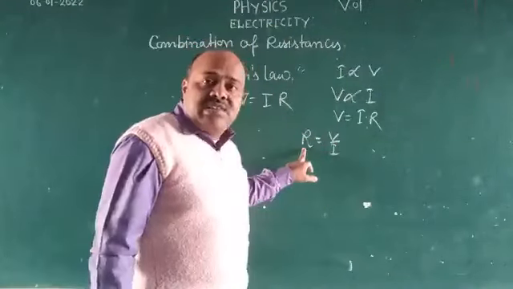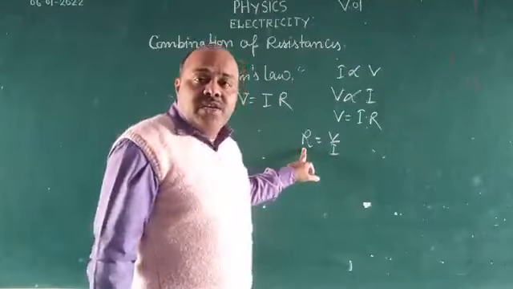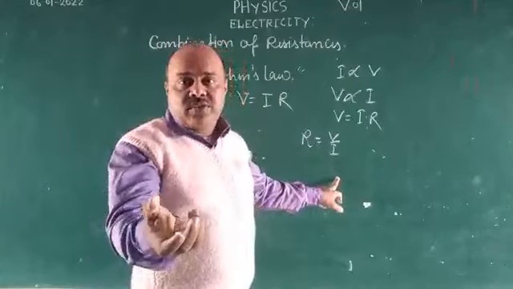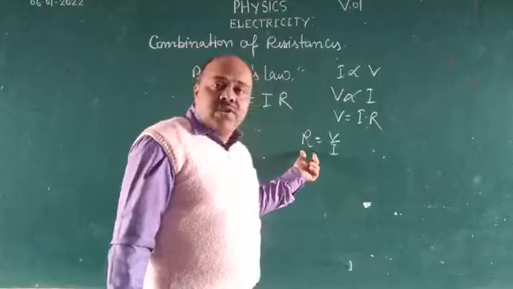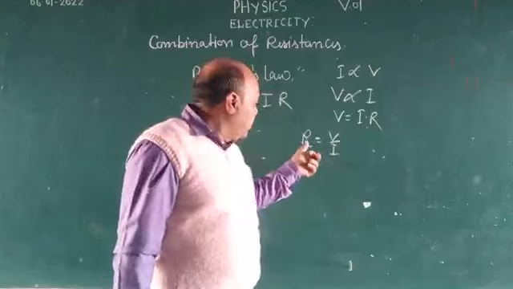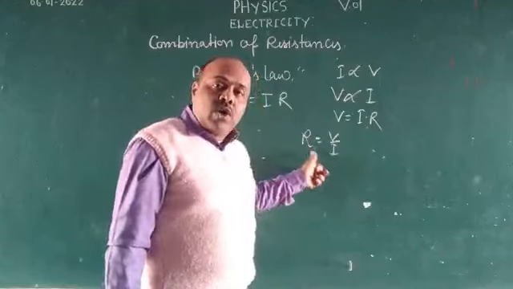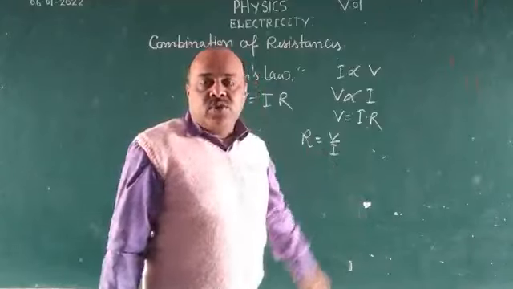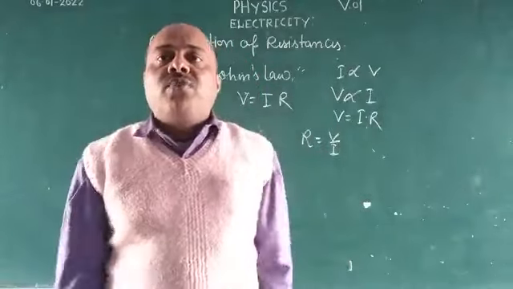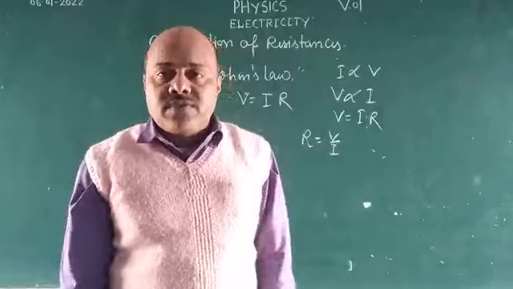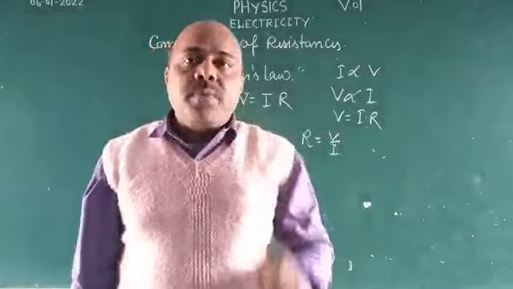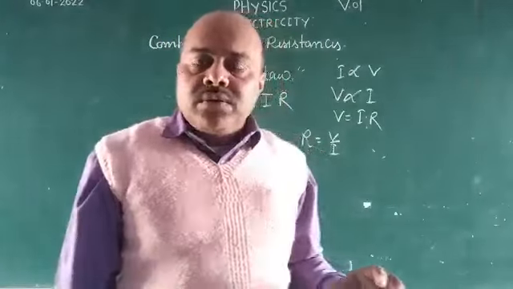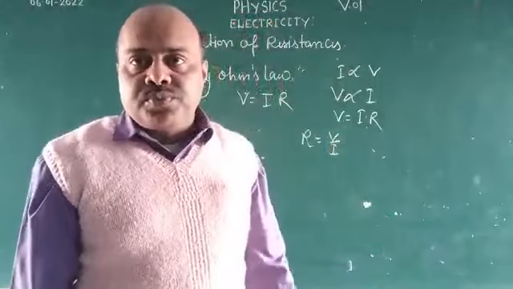When the resistance is increased, the current is decreased, and when the resistance is decreased, the current is increased. Dear student, I told you about the factors of resistance in the physics classes, but here you will see that combination of resistances is a very important topic. By this topic, you can revise some other topics also.